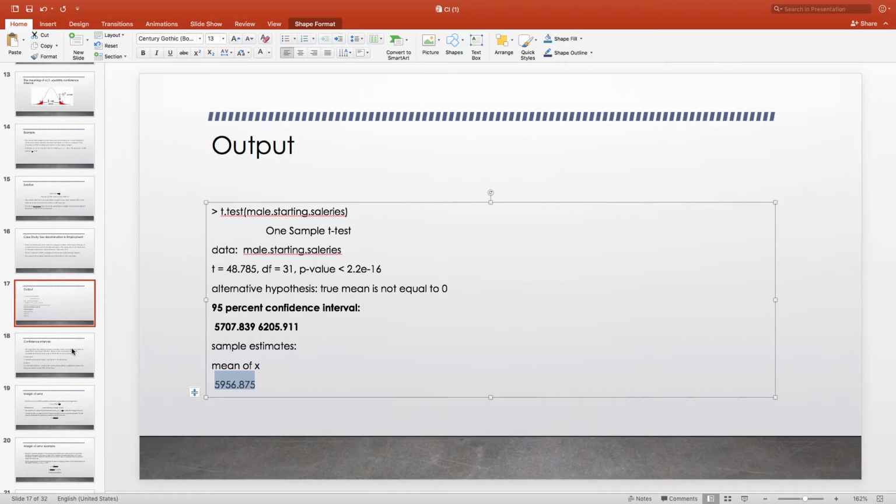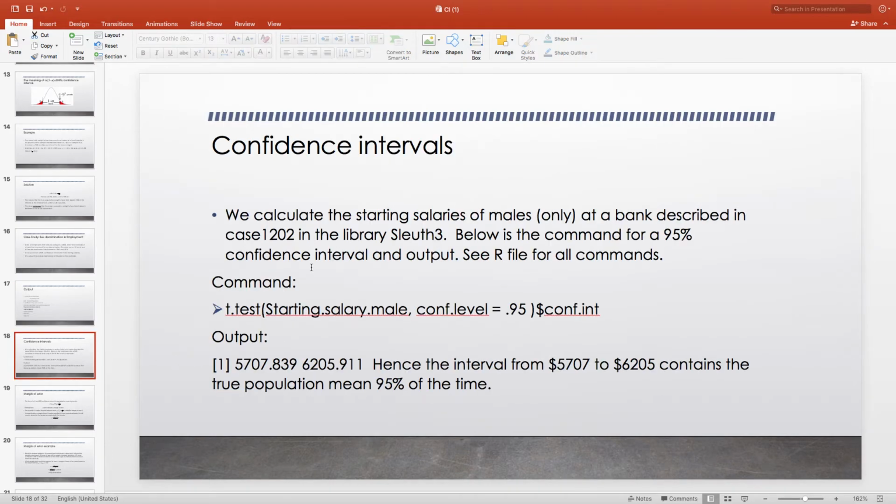Okay, so the confidence interval is that their starting salary is from 57.07 to 62.05, and that's what you would expect the average starting salary to be in, and the 95% reflects the probability that this interval contains the mean. Okay.